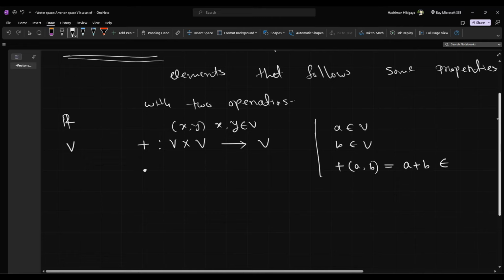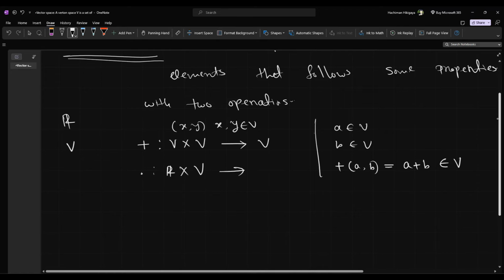The dot, or the times, takes two elements, one from the real field and another from the vector space, and maps it to the vector space.